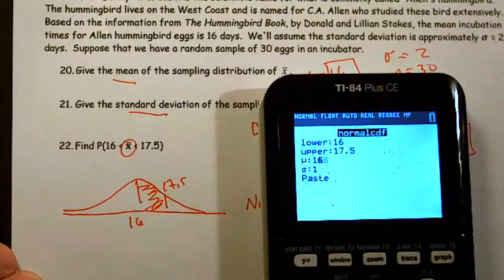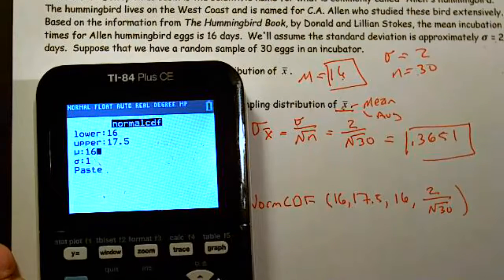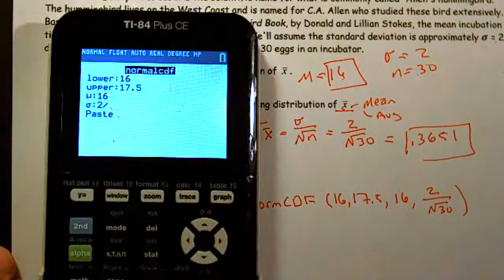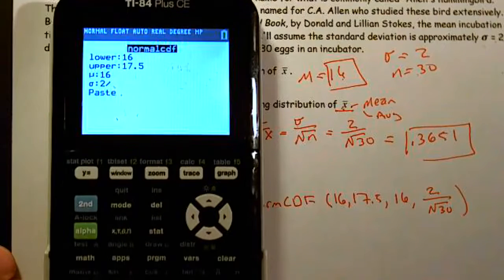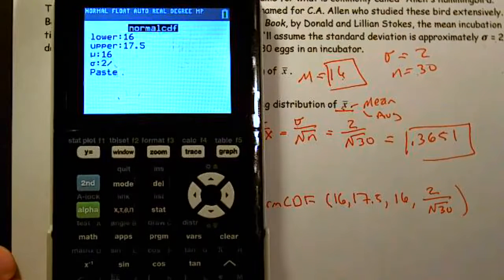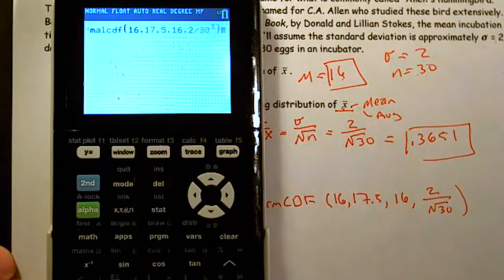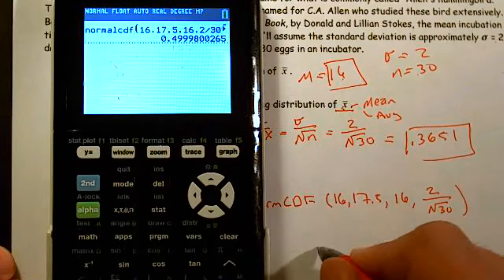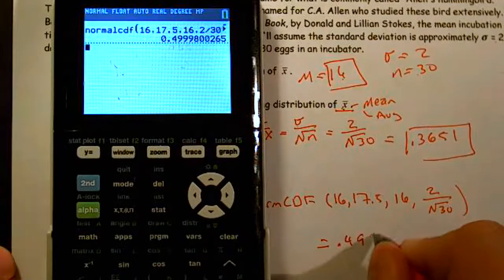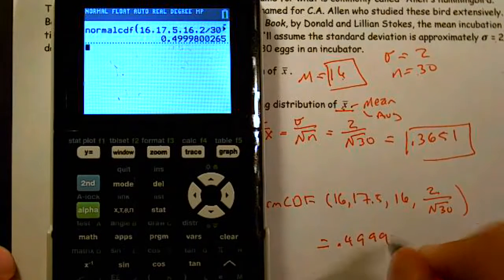Mean happened to be 16, and our standard deviation was 2 divided by, and as you know, I like to use the caret button, so 2 divided by 30 raised to the half power. And I get 0.4999.